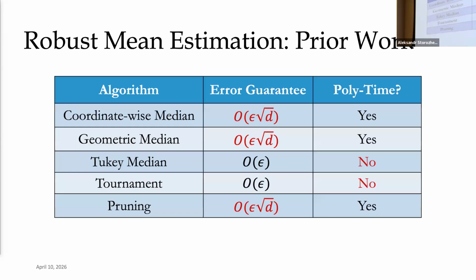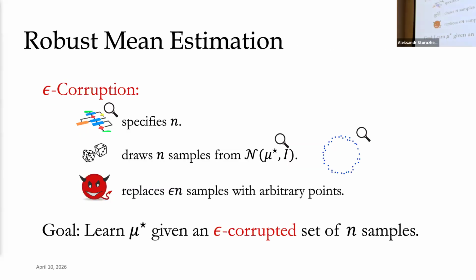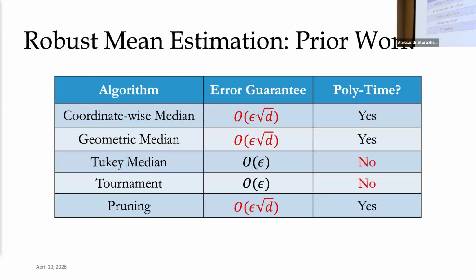All right, perfect. So what do we know about this problem? Let me tell you some results about robustly estimating the mean of a d-dimensional spherical Gaussian. Statisticians have studied this problem. It goes way back to people like Huber and Tukey.